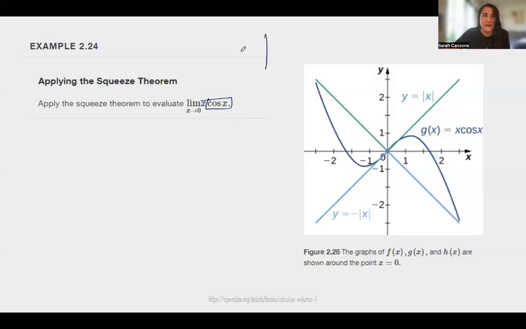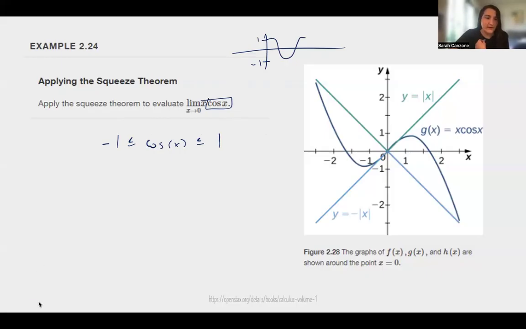As a little reminder, cosine starts up here and does this, where this is at 1 and this is -1. So I'm going to say, okay, I know that -1 is less than or equal to cosine of x, which is less than or equal to +1. All right. But what I need is x times cosine of x.